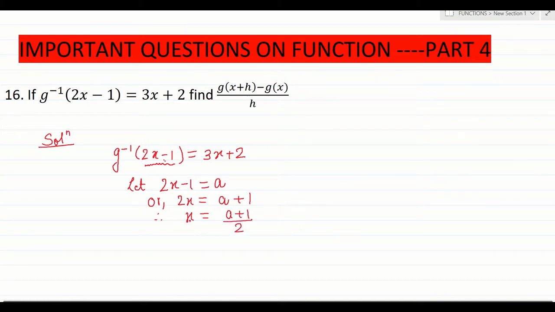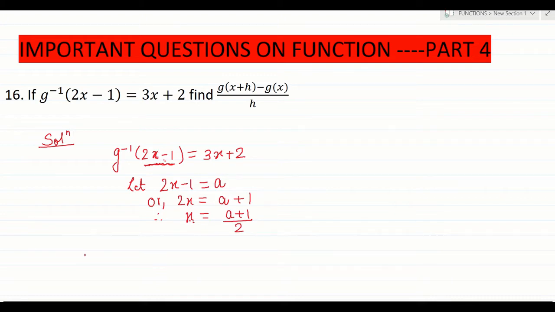Now, this value of x we are keeping over here. Instead of 2x minus 1, directly we can put a. Or if you want, you can put the value of x, that is (a plus 1) by 2, over here as well. Both ways are correct.